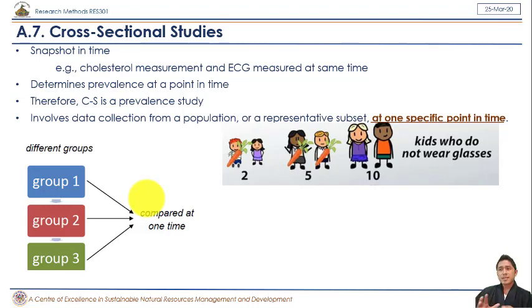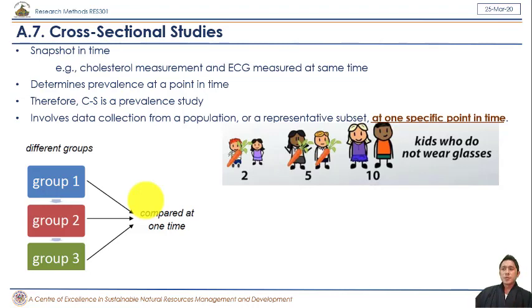So a cross-sectional study is any kind of study that deals with studying of someone, studying of a disease, studying of a diversity or distribution of something at one specified point of time. So it is commonly called a snapshot in time. And this is most of the time done in prevalence studies and epidemiological studies.